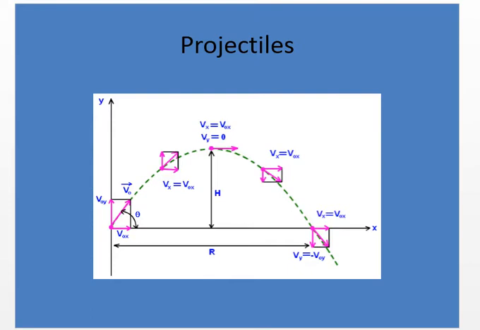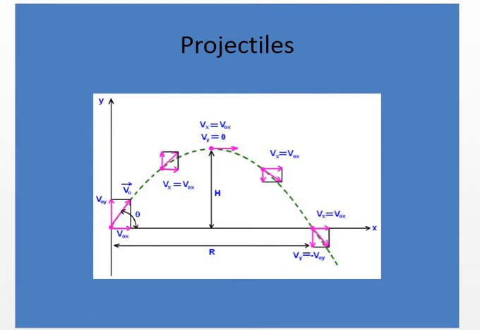The y component, however, is being tugged on by gravity, and it's going to slow down every second by 9.8 meters per second. So after 1 second, it's going to be shorter. After another second, it's going to be another 9.8 meters per second shorter until you get to the top where the Vy is actually 0 and it stops rising or falling. And then the next instant, it will have increased its speed in the down direction.